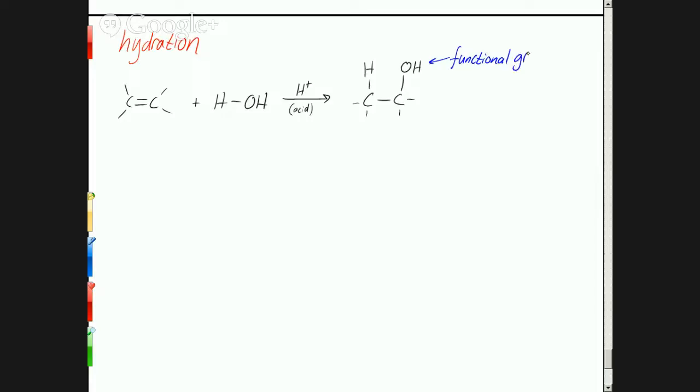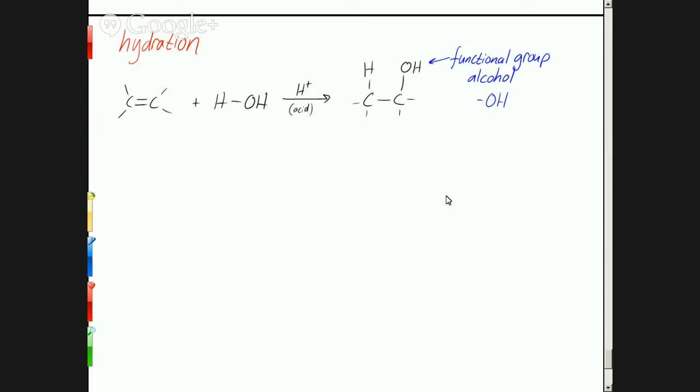This is what's known as a functional group. Something that is not carbon or hydrogen that is connected to an organic compound. And OH is known as an alcohol.